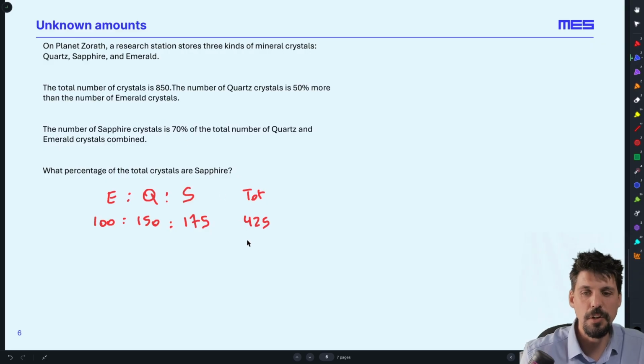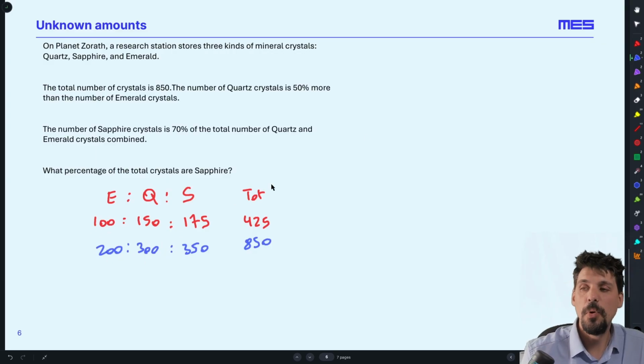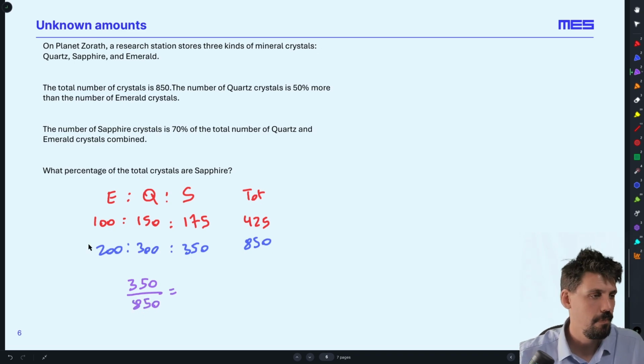So, what percentage? Now, in fact, we could actually get the correct answer from this because we know we want 850 crystals total. So all I'd have to do is scale all of this up. If you'd chosen a different amount to start with for emerald, or you could use X's if you want, you could then scale it up. But really, because what we want here is the percentage, well, sapphire, there are 175 of them out of 425, or 350 out of 850.